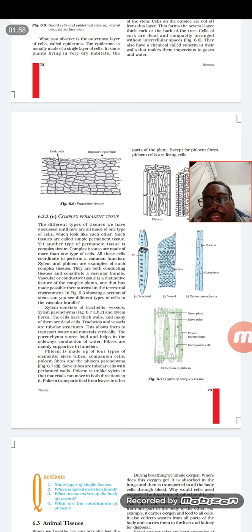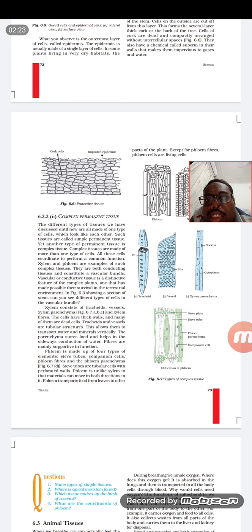as the xylem parenchyma. The word tracheids means something that looks like the trachea, which is present inside the respiratory system, known as the windpipe. They look like that windpipe, they have a similarity with the windpipe, and that is why they were given this name.